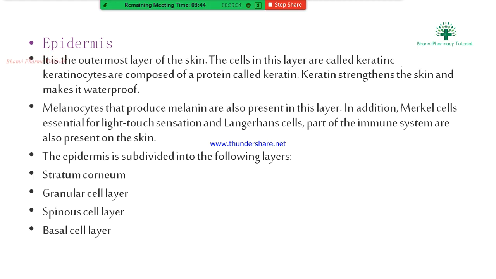In addition, Merkel cells, essential for the light touch sensation, and Langerhans cells, part of the immune system, are also present in the skin.